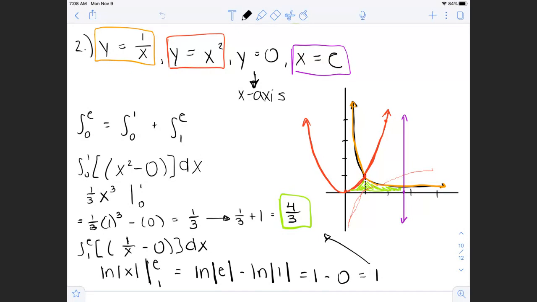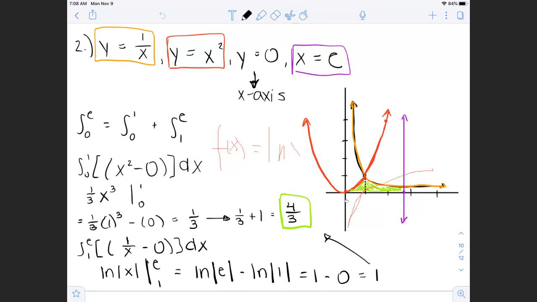Oh, it's 0. Domain. So let's say we have a function f of x. Think about this function, f of x equals ln x.